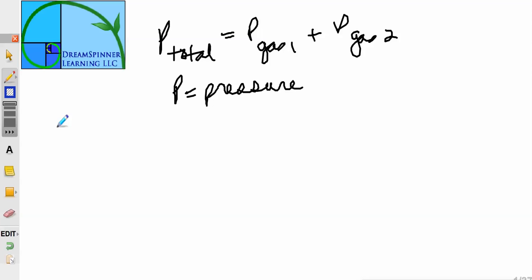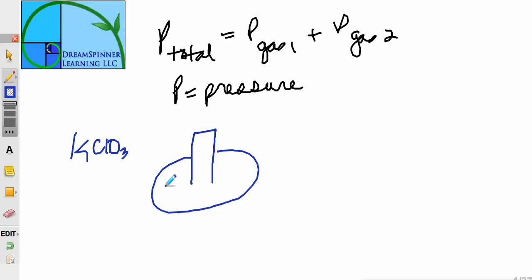Oxygen gas was produced by the decomposition of potassium chlorate and collected by water displacement, which means that what we have done, here's my pan, and here's my water level.